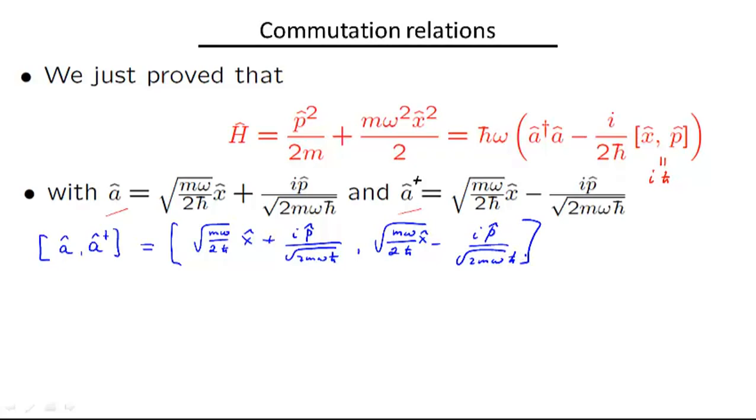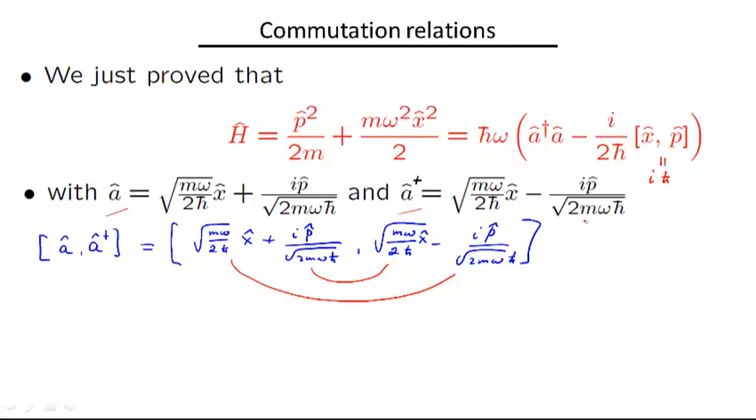We have the commutator of x and x, and the commutator of p and p, but of course the commutator of an operator with itself is equal to 0, because, for example, xx minus xx is equal to 0. So any operator commutes with itself. The only commutators that are going to be non-trivial are the cross commutators of x and p, and p and x.